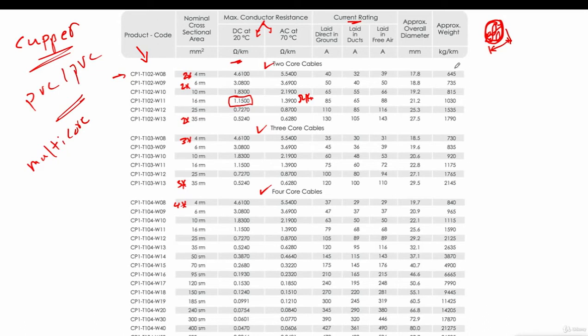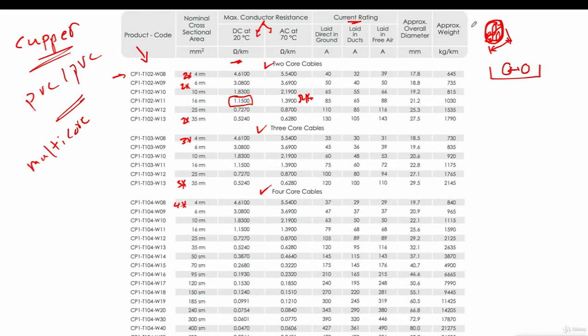And why do we need the approximate overall diameter? We need it for installation, to identify the spacing between cables, and to identify also the required cable tray or cable trunk. You need the cable's diameters.